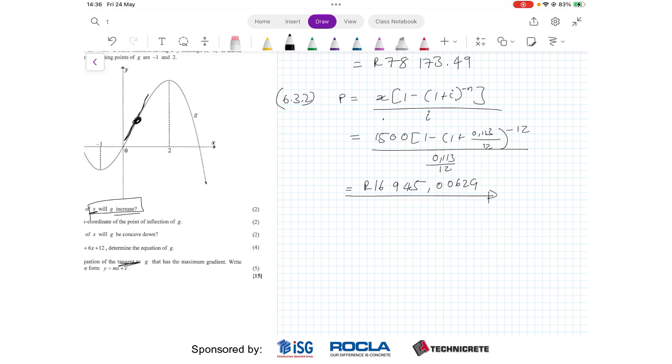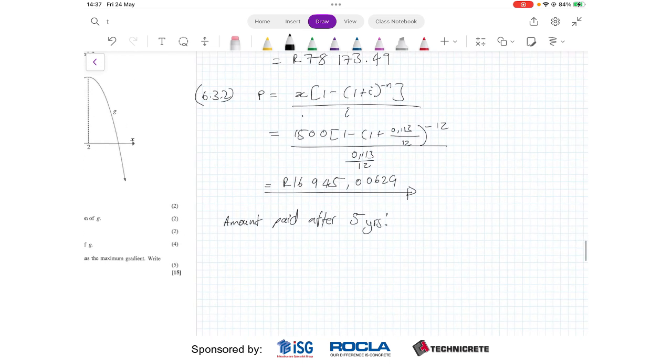Now, from here, what do we need? We need to find out how much in total Mpho has paid in the 5 years that she has been making these installments. So we know that the amount paid after 5 years is 1,500 rand multiplied by 60, which is equal to 90,000.